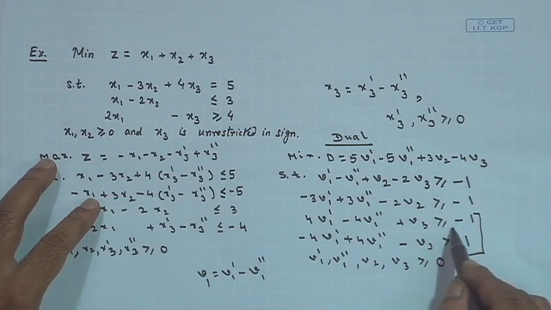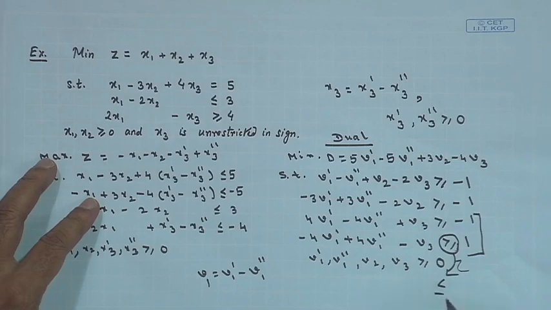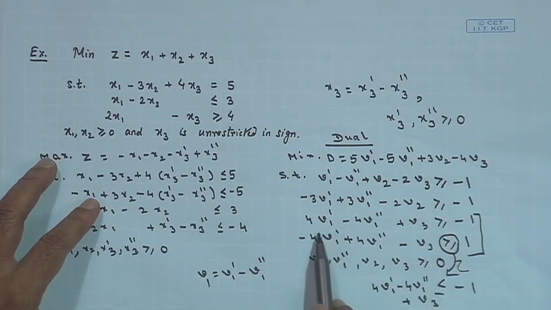This is greater than equals. If I multiply minus on both sides of the second equation, then this equation will be converted into less than equals. It will be 4 v 1 dash minus 4 v 1 double dash plus v 3, which is less than equals minus 1, and the first one is 4 v 1 dash minus 4 v 1 double dash plus v 3 greater than equals minus 1.